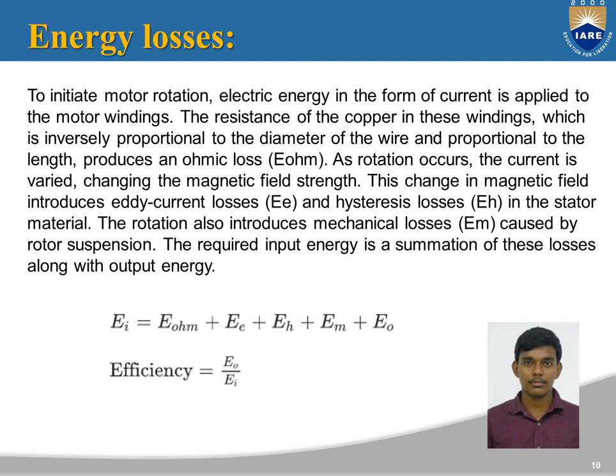So here is the formula for energy losses. These are all particular losses. For example, ohmic losses, which come from the resistors, and then eddy current losses, hysteresis losses, and rotating mechanical losses. These are the losses present in all motors. So we have to make sure that these losses are very low.